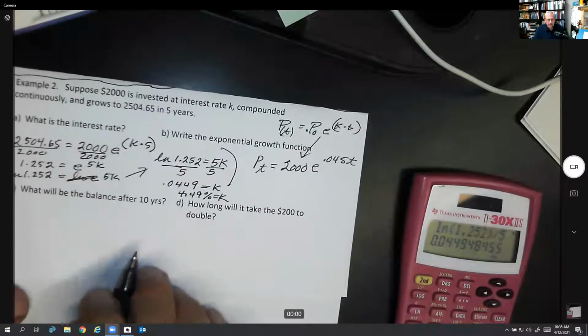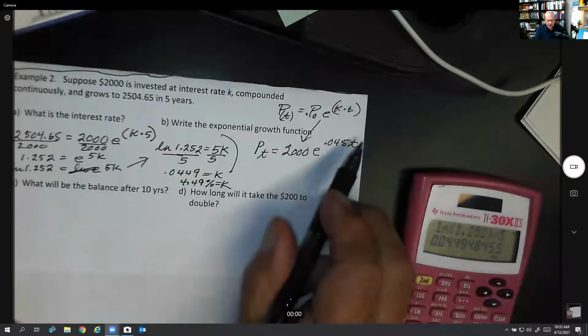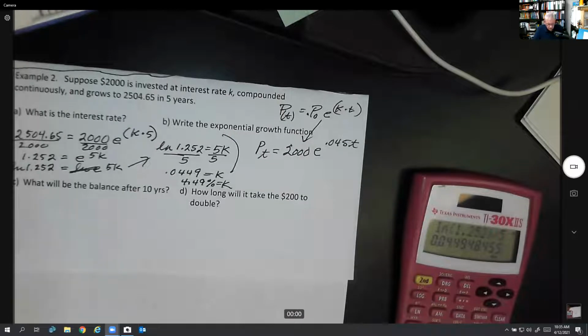And there's our initial growth function. Notice they usually leave t out because they want to figure it for different years.